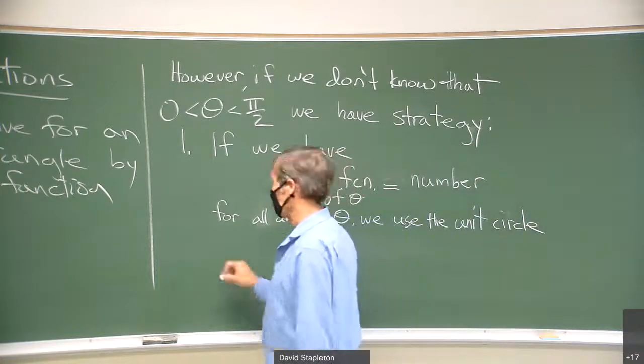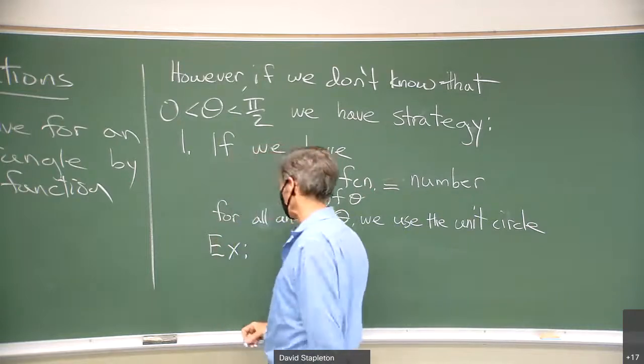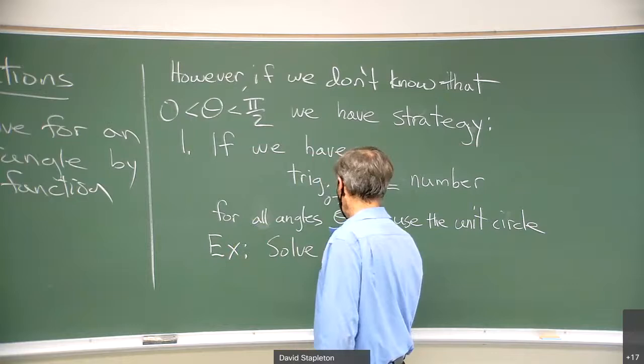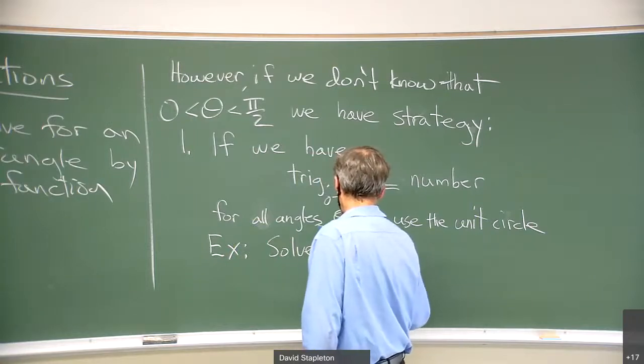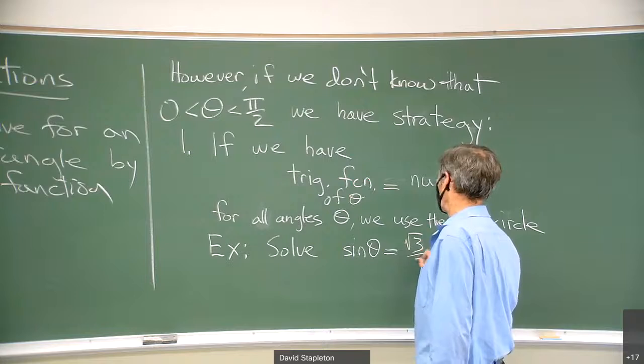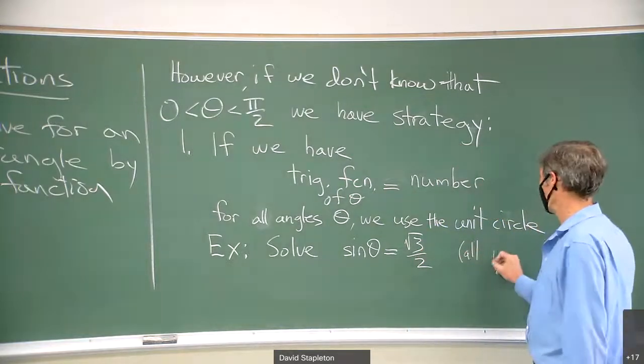And I want to just do this by example rather than writing out the strategy. The example shows it. Suppose I want to solve sine theta equals square root 3 over 2 for all possible theta, not just in a right triangle.